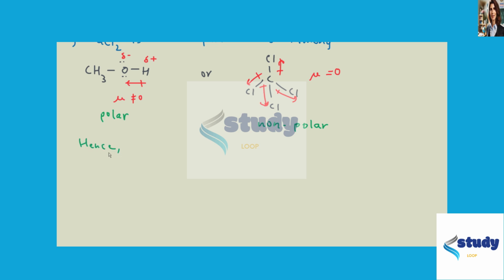Hence, the better solvent for CaCl2 is CH3OH. Okay, so this is methanol here.